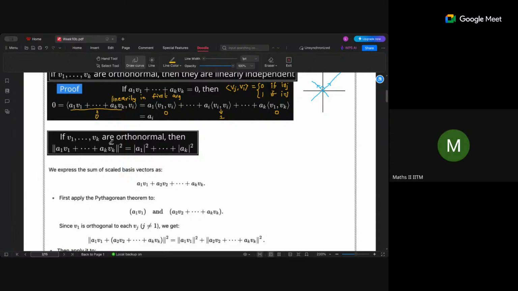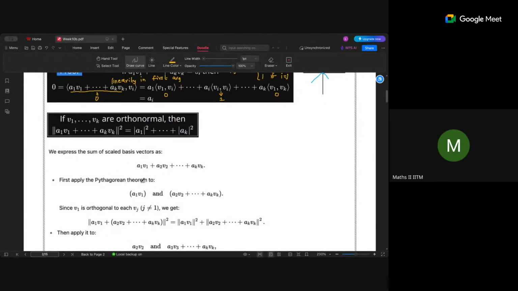Okay, fine. Here again we have an inequality similar to what we saw in the previous session, where we saw how to apply the Pythagorean theorem. What do we know from the Pythagorean theorem? If you have two vectors u and v perpendicular to each other, what is norm of u plus v whole square?